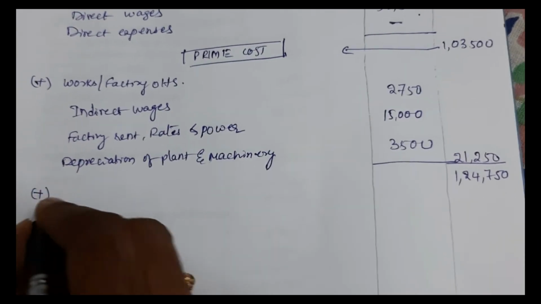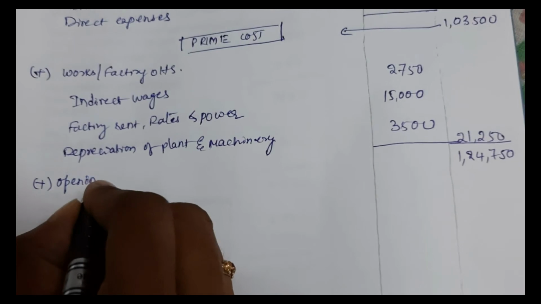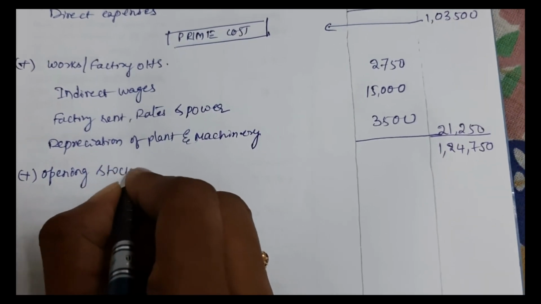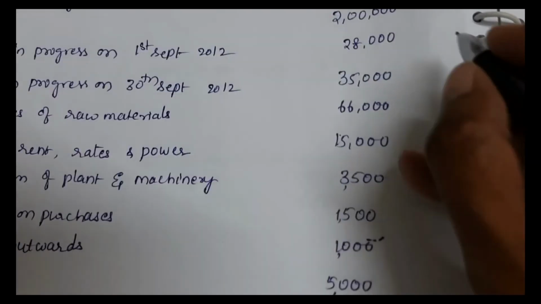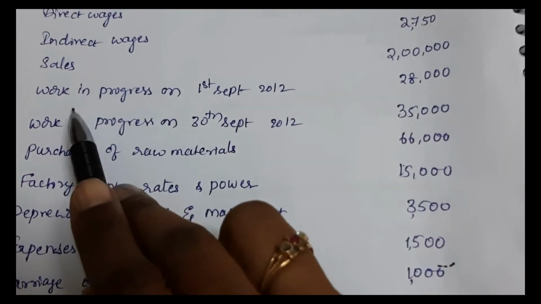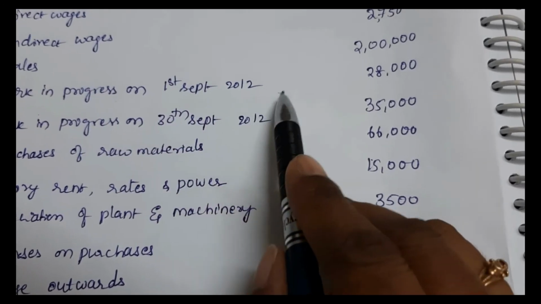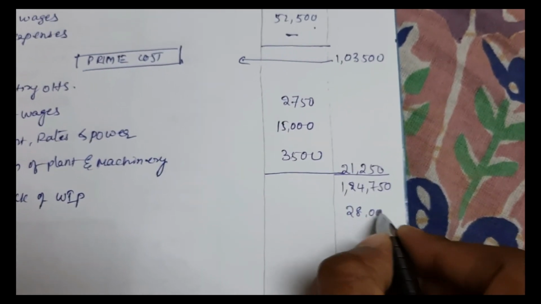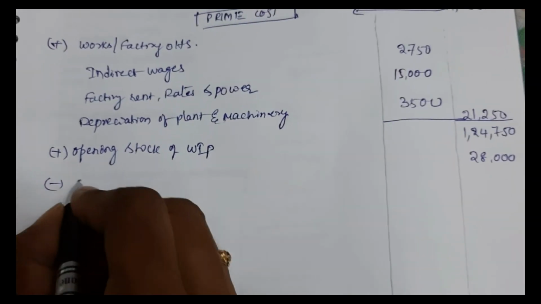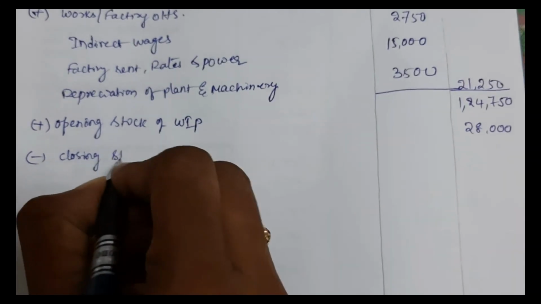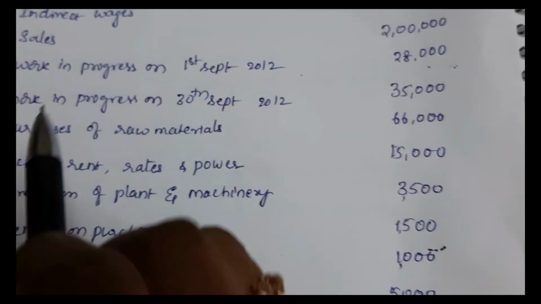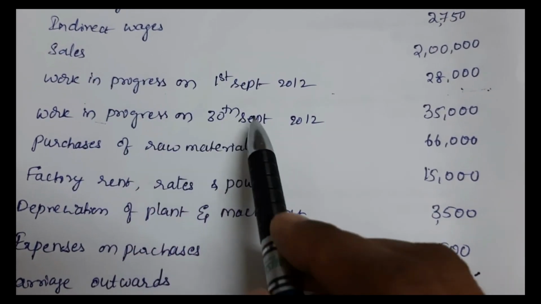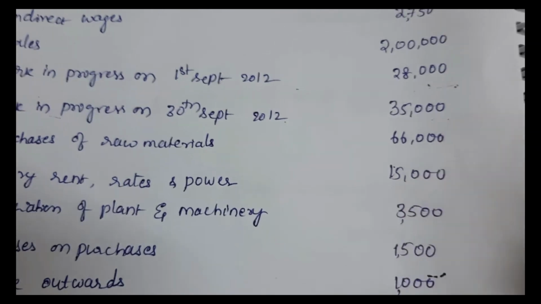And to this we should add opening stock of work in progress, which is given in the sum. Opening work in progress on 1st September 2012, 28,000. And we need to deduct closing stock of work in progress, that is work in progress on 30th September 2012, 35,000.